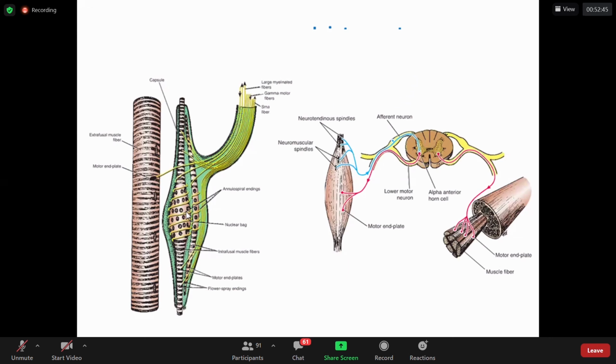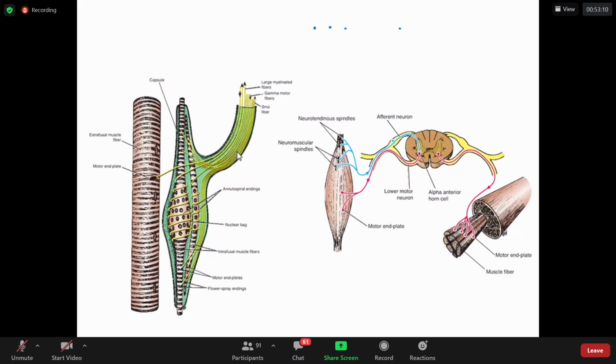Here is the annulospiral ending, and here is the flower spray endings, right? And both of these will carry the sensation, but different types, but they will carry the sensation when these intrafusal fibers are contracted, right?